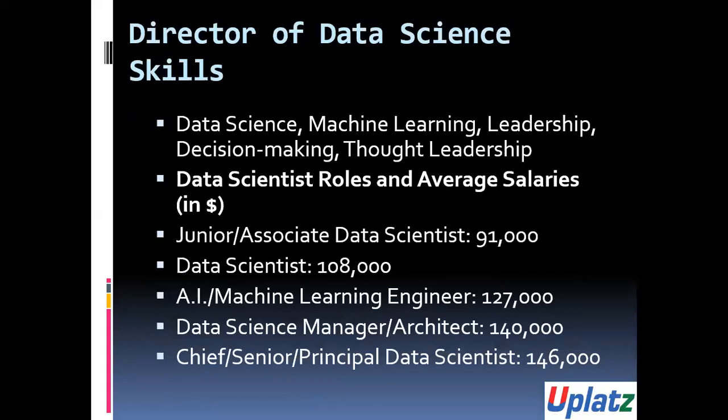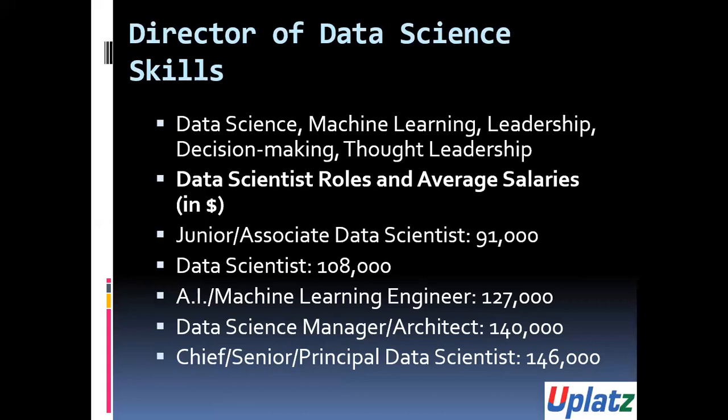So finally, once you are at the top notch, what are the skills for the director of data science? To become director of data science, you need to have data science skills, then machine learning skills, very importantly leadership skills, then decision-making skills, thought leadership, communication skills, NLP, Python, artificial intelligence, and deep learning.